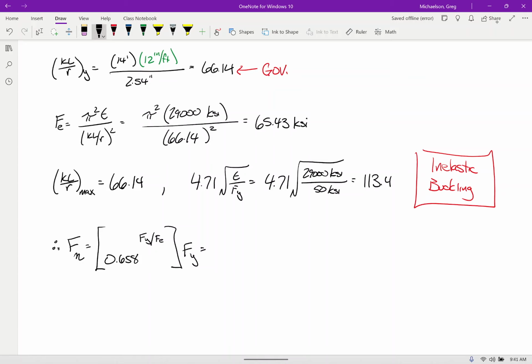And by the way, when you're in design mode and you pick a column and then you're checking it, if you don't get this, you're probably doing something wrong. Like, that's another reason why I think it's a good idea to do this.